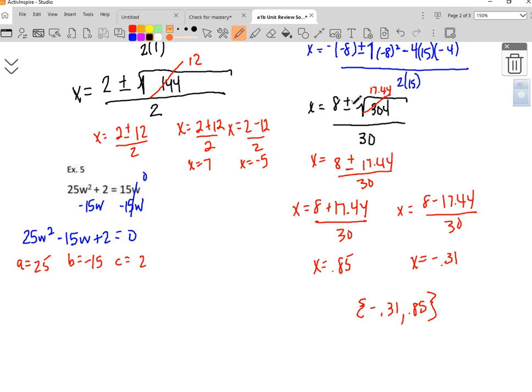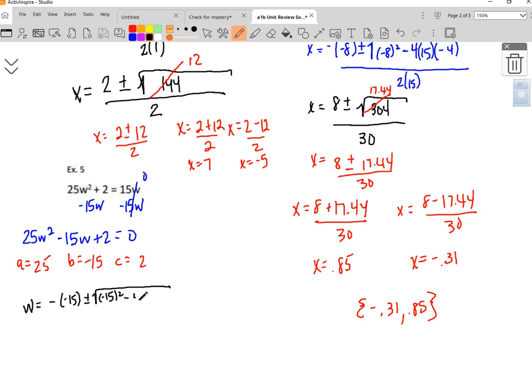So now, instead of x equals, because our variable is w, it's going to be w equals the opposite of b. 15. Wait, no, negative 15. Very good. Opposite of negative 15 plus or minus the square root of b squared. So you're using that formula.